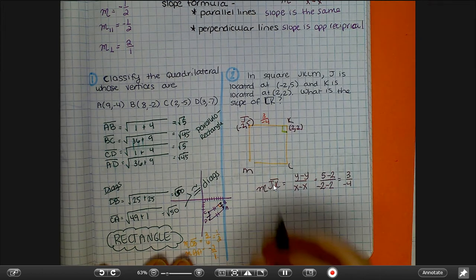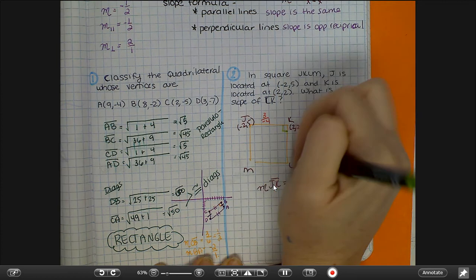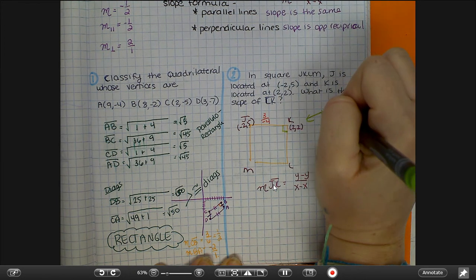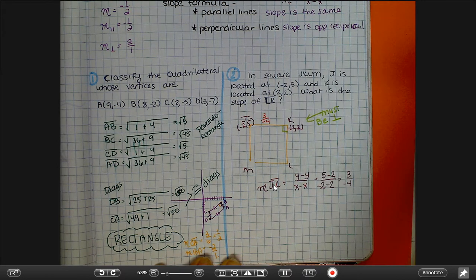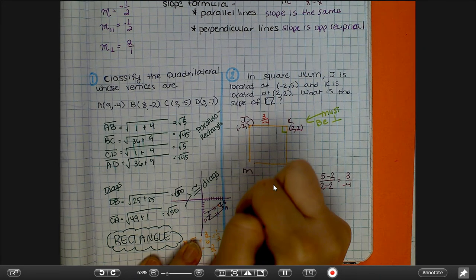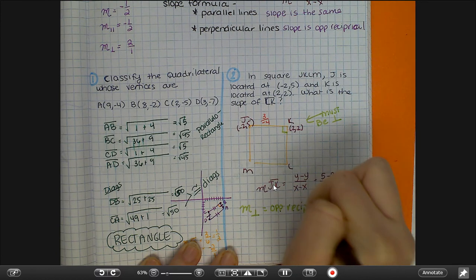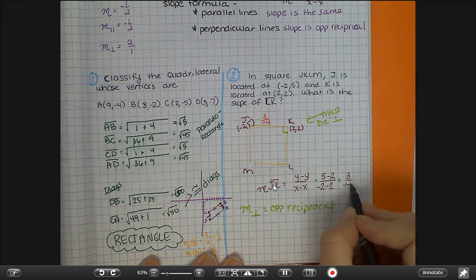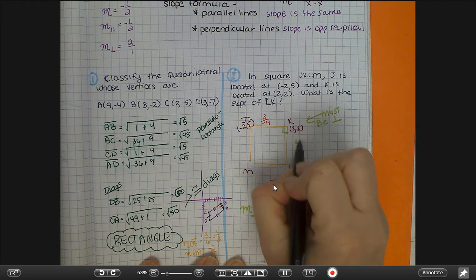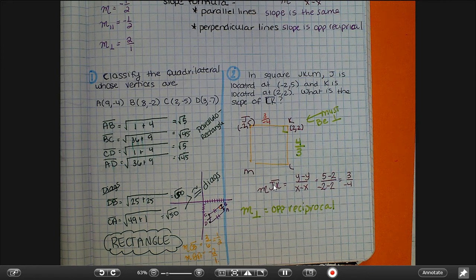A right angle. And in order for that to be a right angle, the slopes of the segments must be perpendicular. And we know that perpendicular slopes are opposite reciprocals. So if this is -3 over 4, then the opposite reciprocal is going to be 4 over 3. All right, and those are slopes, not distances.